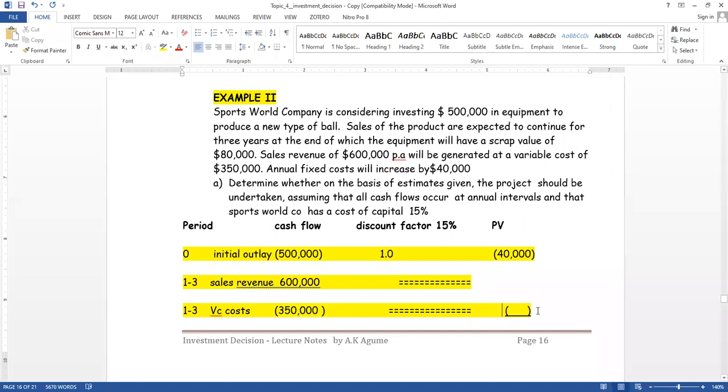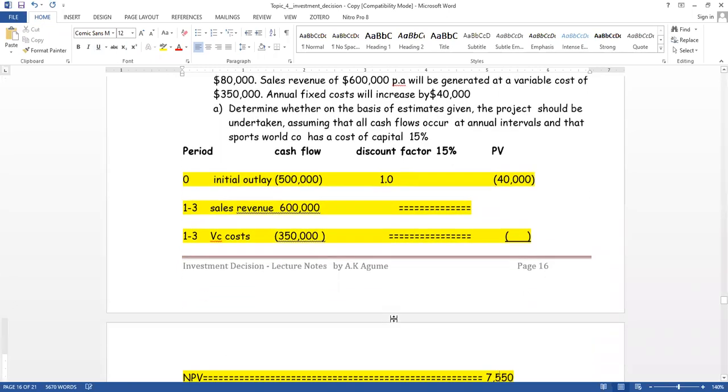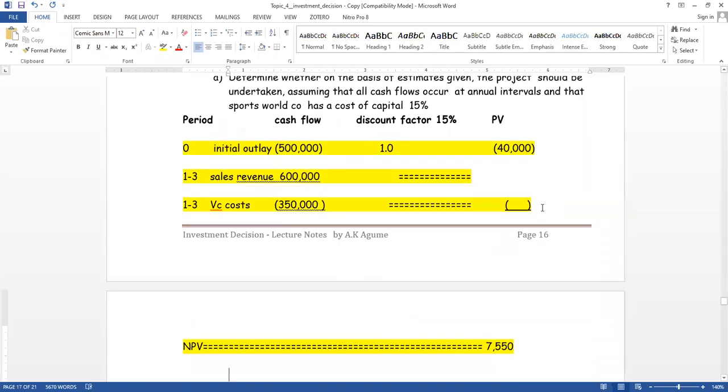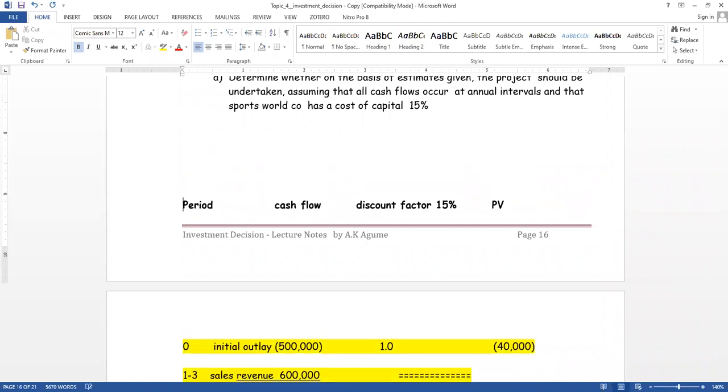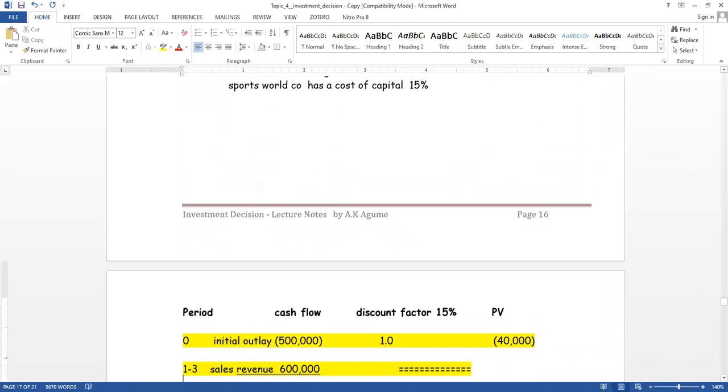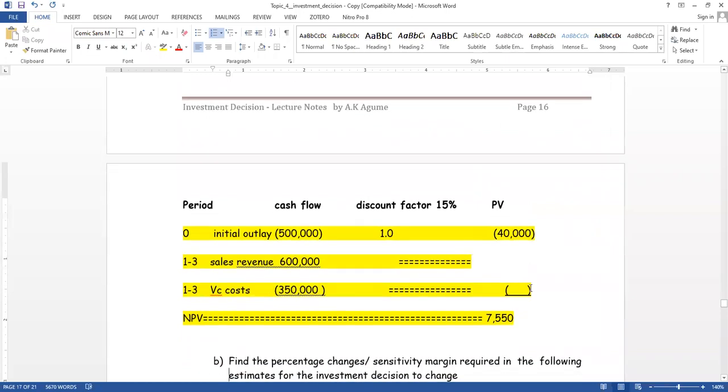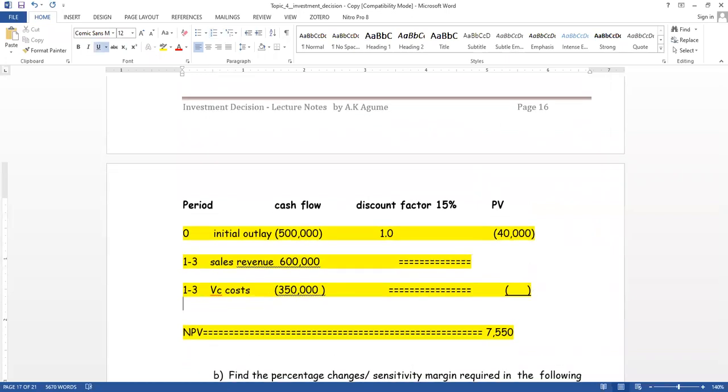Okay. Then another one is fixed costs. So from year 1 to 3, you have fixed costs.